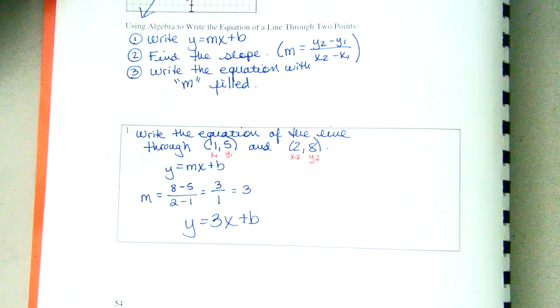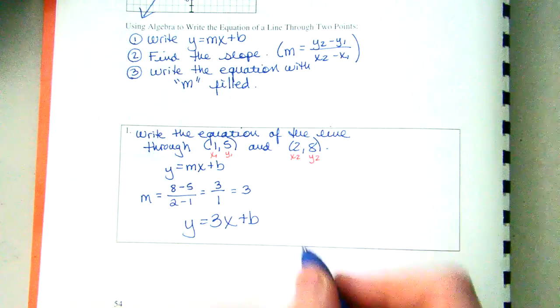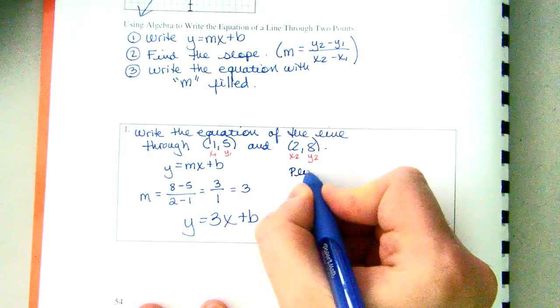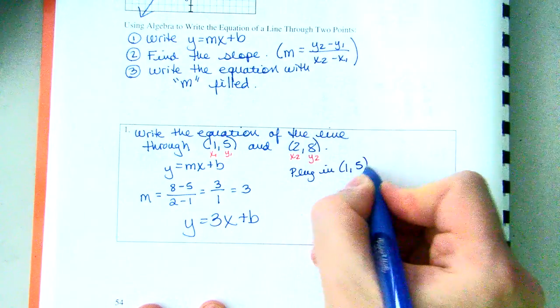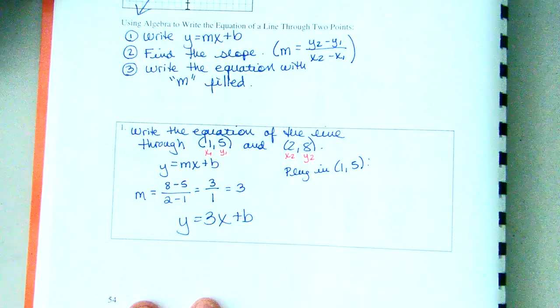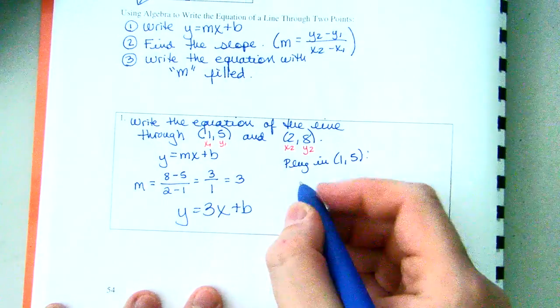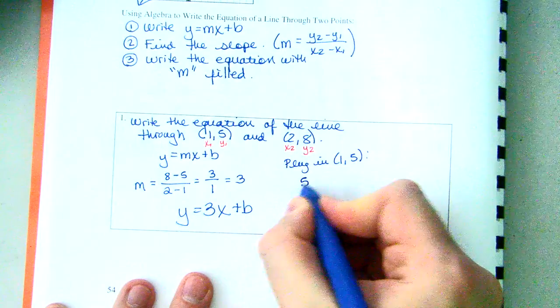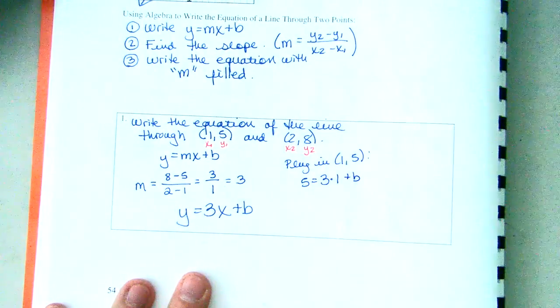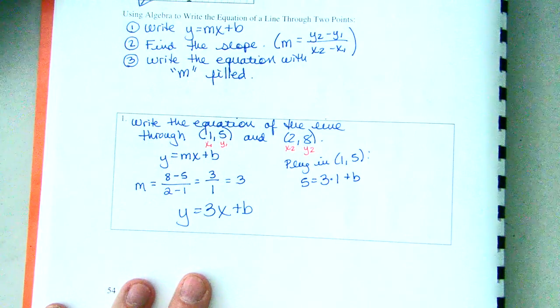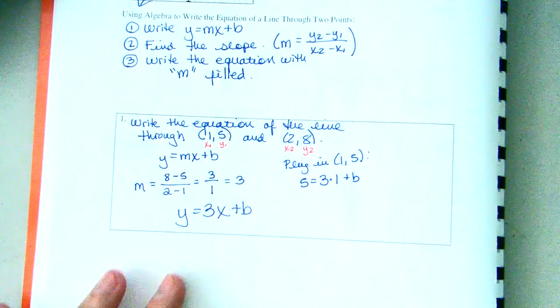Why don't we try it both ways and see what happens? And then I'll continue writing my directions in a moment. Let's try plugging in 1, 5. If we do that, we're going to get 5 equals 3 times 1 plus b. You totally know how to finish. Go finish that.